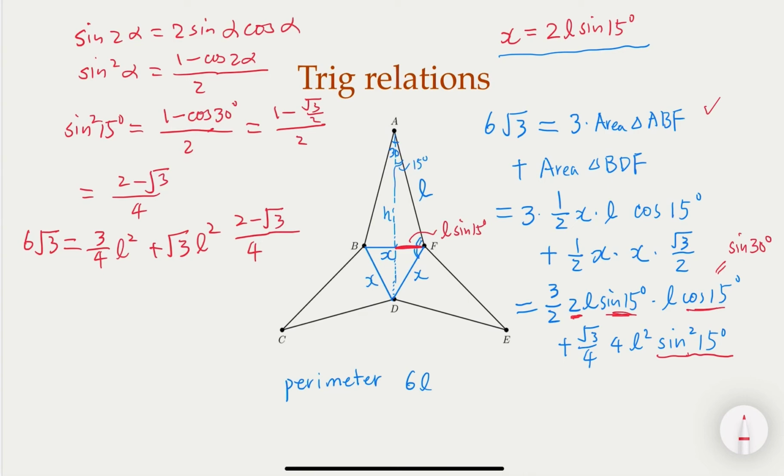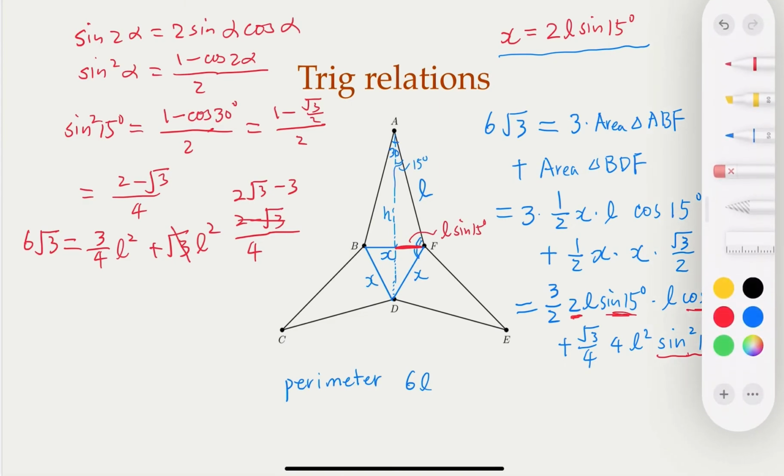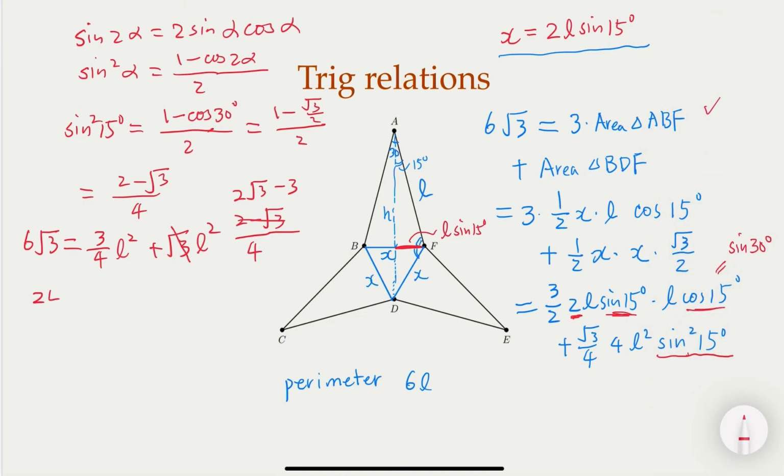If you multiply this by square root of 3, this becomes 2 square root of 3 minus 3. So multiply by 4 on both sides and you get 24 square root of 3 equals 3L squared plus 2 square root of 3 L squared minus 3L squared. This cancels, and the square root of 3 cancels, so you get 12 equals L squared.